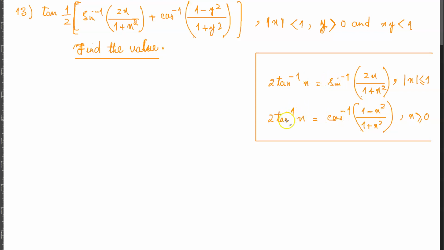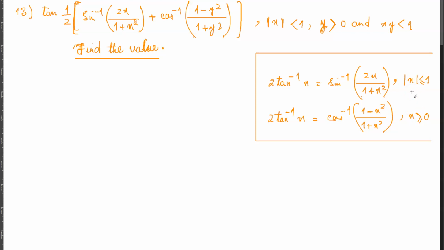And here we are saying that 2 tan inverse of x is equal to cos inverse of this expression for x greater than or equal to 0, meaning that positive 1 can be entered here or 0 can be entered here. There is no problem with that. Now of course there is another problem, and the problem is that in the beginning of this section we were told by the text that these domains are sometimes not very accurate. So that problem is also there.